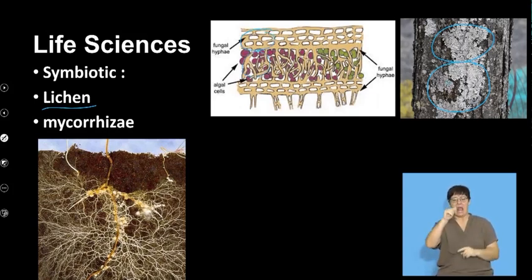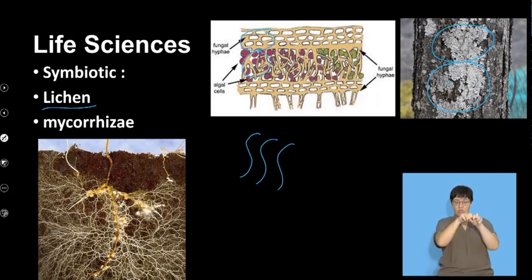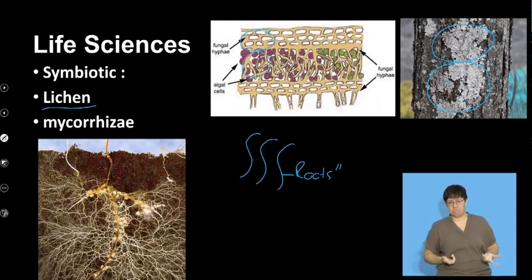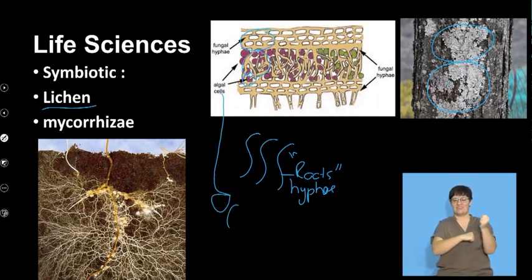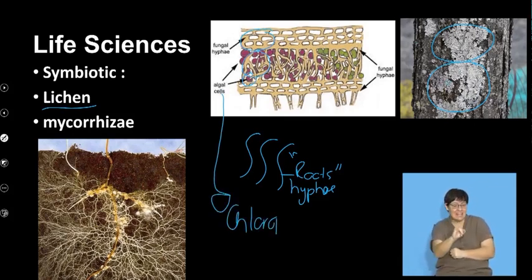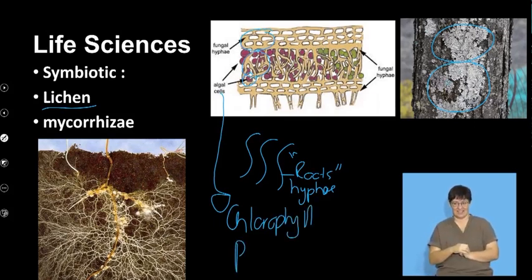Now, how do they help each other? When we look at the structure of fungi, they've got roots. They're not really proper roots, but they've got these things, I'm going to put here, roots. They're actually called hyphae. And they are going to dig into the tree, and they're the support structure. Now, have a look at the algae. The algae are green. So what do you think they have? They have chlorophyll. So what can algae do?